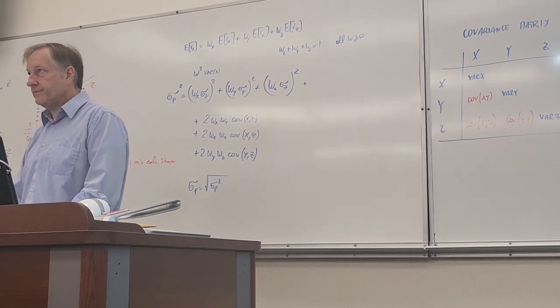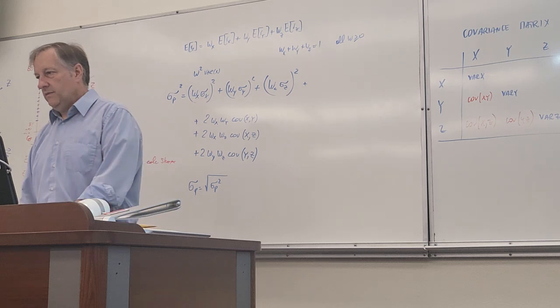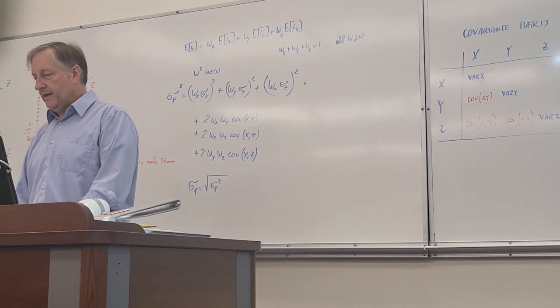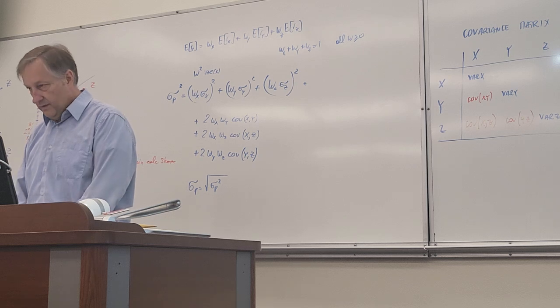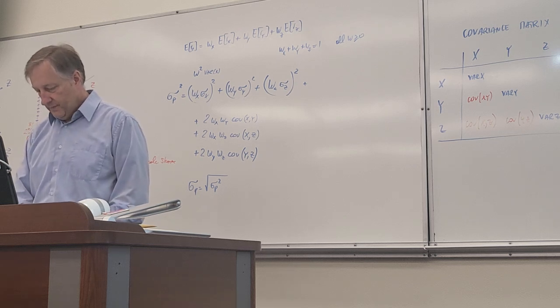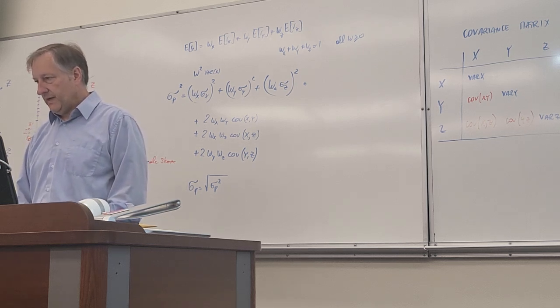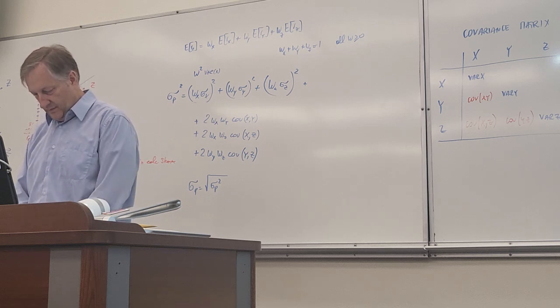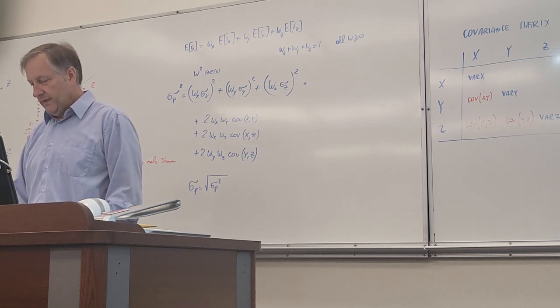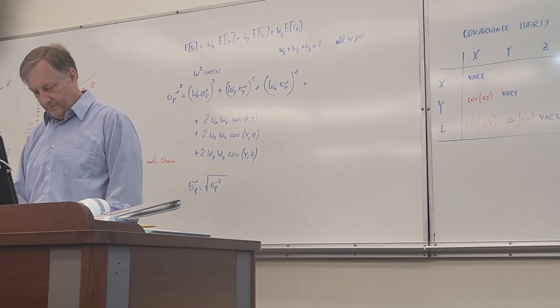Got it? Alright. So this is by far the most boring stuff, but now this is the headache. This is going to be the variance of p. Once I have the variance of p, I can calculate the standard deviation of p just by taking the square root of that, right?